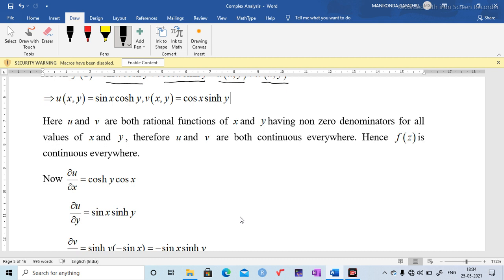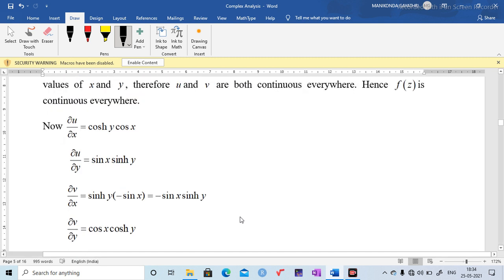Observe, here u equal to sin x cos hy. With respect to x, cos hy is constant, and the differentiation of sin x is cos x. Next, partial differentiation with respect to y: sin x is constant, and the differentiation of cos hy is sin hy.